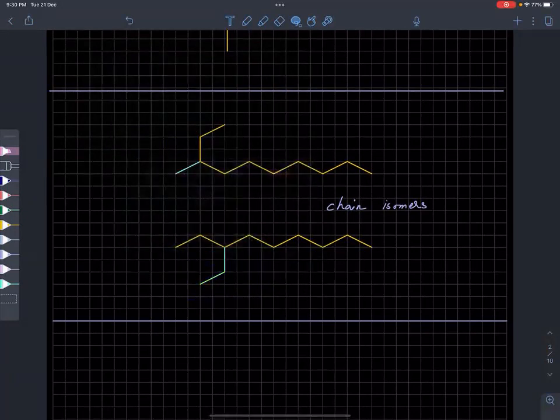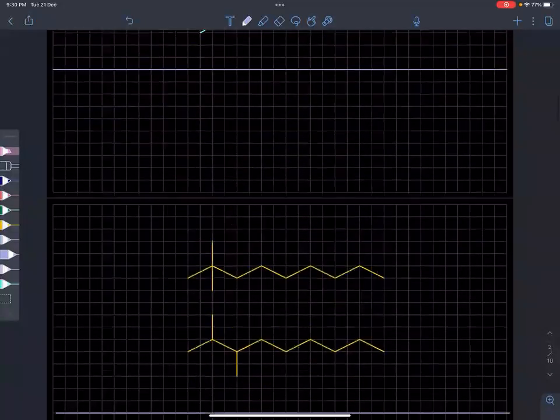Now it is clear that the chain on the molecule above is 1 carbon longer than the chain on the molecule below. Can you see that? Yes, sir. I am not counting because I don't want to find the name of this. I'll just understand that because the parent chain itself is different, these are chain isomers.